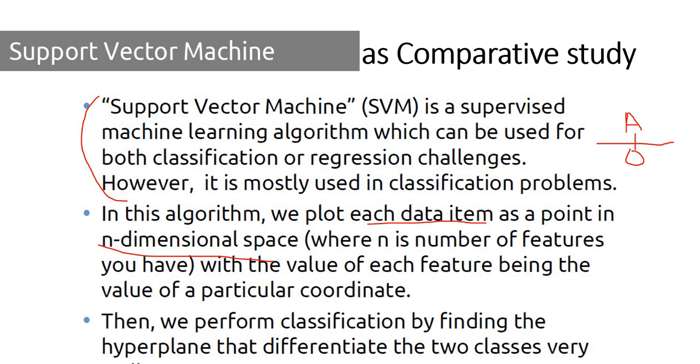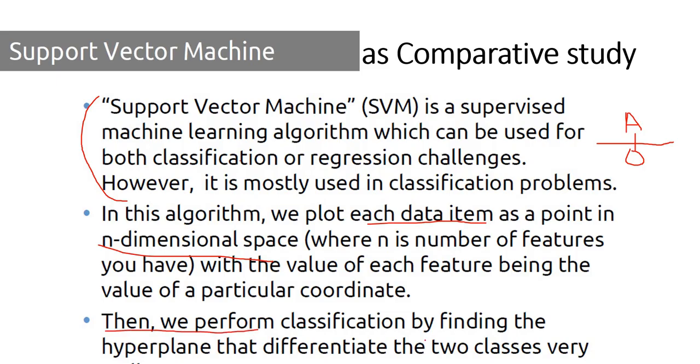A real example we can say is spam email detection. The features are the number of spam emails, number of links, and presence of words like free, win, etc. Finally, SVM separates spam versus non-spam emails. It just draws a boundary between them.